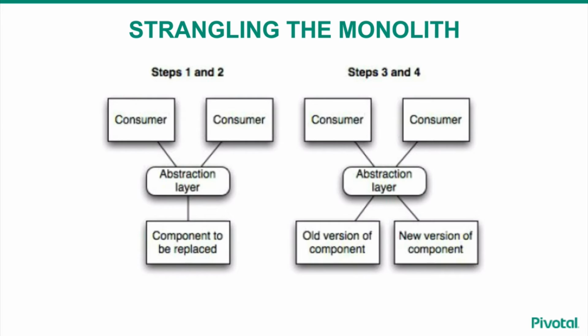So this is what is known as strangling the monolith, where essentially you are exposing the same feature, the same service separately in this newer microservice, and then eventually sunsetting the feature in the original monolith, thereby strangling that particular feature or service in the big ball of mud, in the bigger monolith. And this can only be done when you introduce an abstraction layer, and the monolith talks to the service through the abstraction layer.